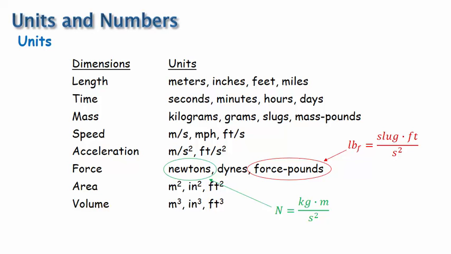Another key thing to know is that there are systems or groupings of units, such as the U.S. customary system, which includes feet, ounces, pounds, and others. The key system of units for our class, and many scientific disciplines as well, is the International System of Units, or SI. The SI units for the dimensions we have listed here are the first ones in each row.